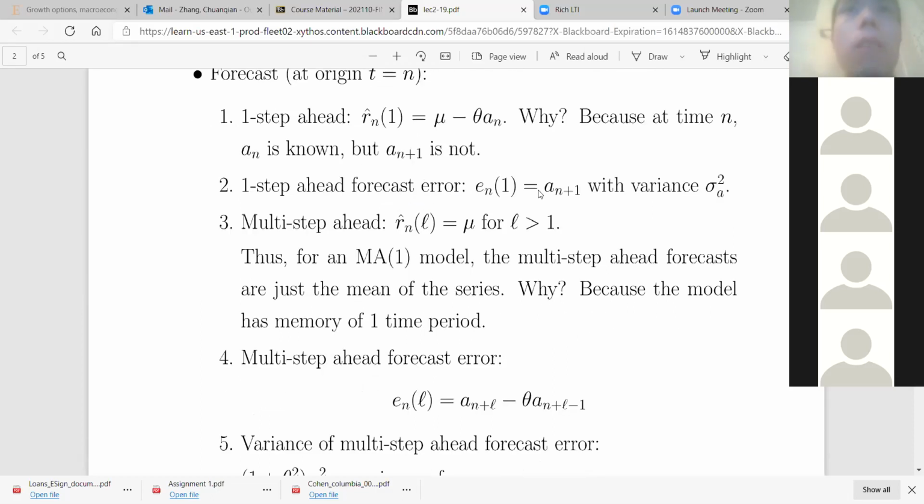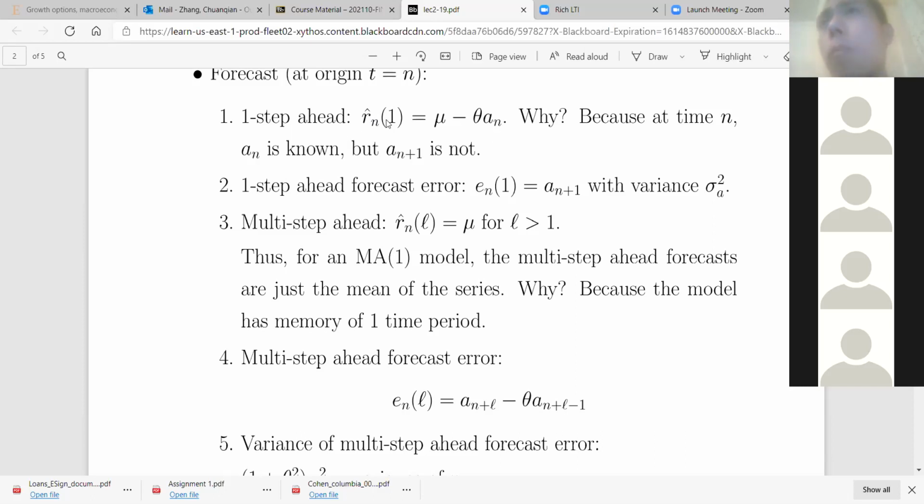Okay. So the error for 1 period ahead will be a_{n+1}, right? And multi-step ahead, so for horizons larger than 1, it is not required for you to derive, okay. Just look closely here. 1 period ahead forecasting is mu minus theta a_n.